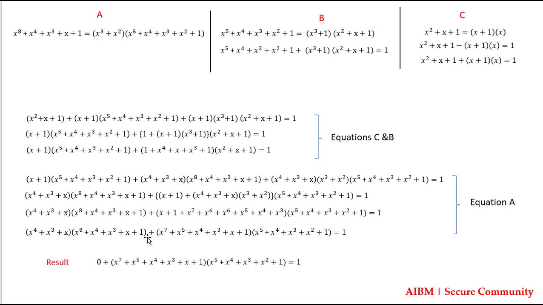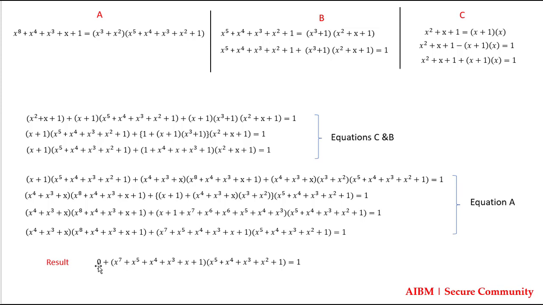So the result of this side will be 0, because if we multiply this side with this side, the result will be more than x^8, and if the result is more than x^8, that means this side will be 0.